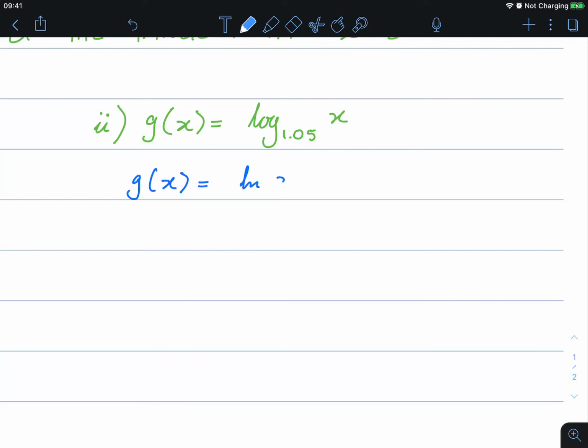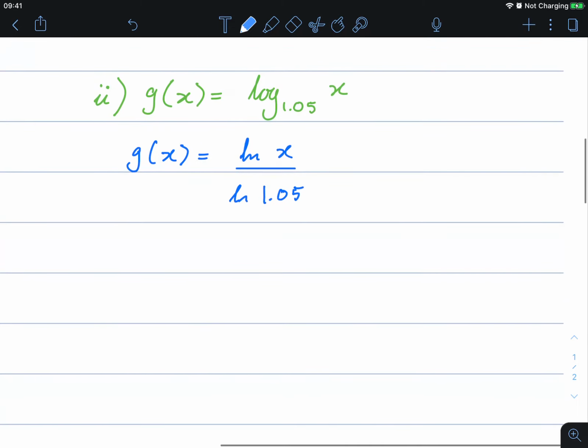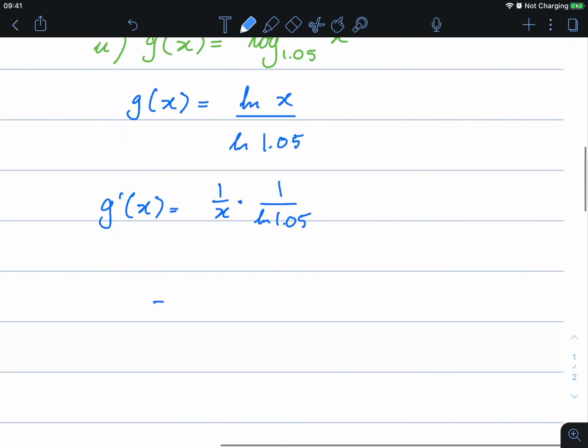This is ln of x over ln of 1.05. The derivative of this, that's just 1 on x times 1 on ln of 1.05. Well, that's just 1 on x ln 1.05.